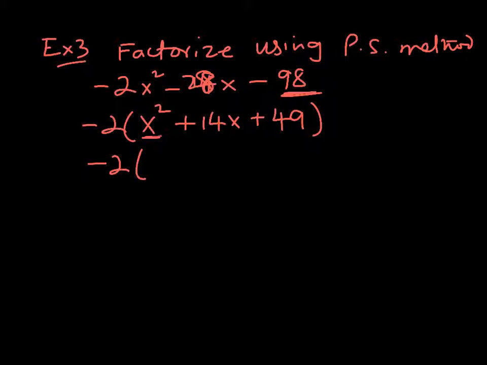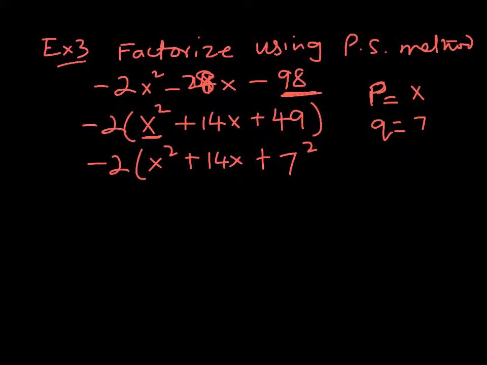Remember, the first term here, the p which we use as representing the first term, is what? x. What about the q? Well, we know 49 can be written as 7 squared, isn't it? Plus 14x plus x squared. So q here is 7.